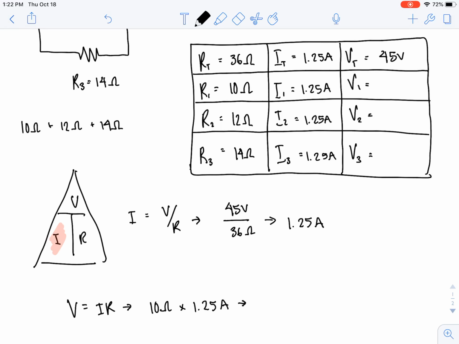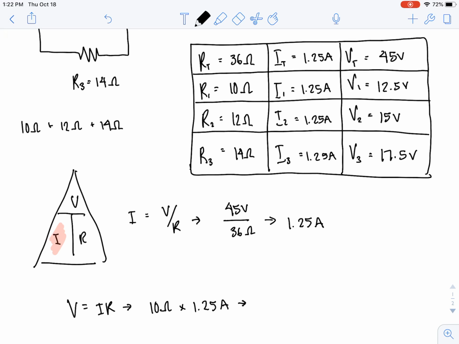So I would get a voltage at this point of 12.5 volts. I would do the same for every single one of these as well. I'm not going to show that on video, but feel free to calculate it and check it with your work.